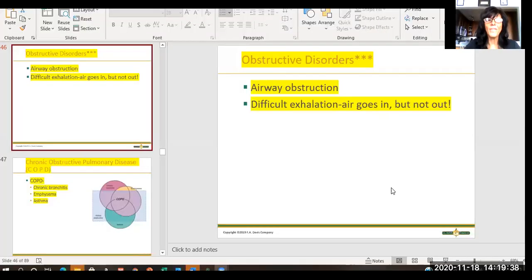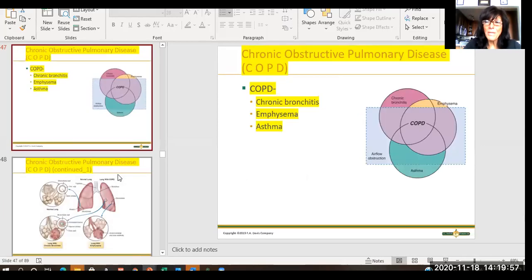And here we are. Now we're on the obstructive disorders. Obstruction, okay? Think about the word. It's an obstruction of the airway. We can get air in, can't get it out. It's obstructed. And the big one, COPD, right? COPD itself is not a disease.